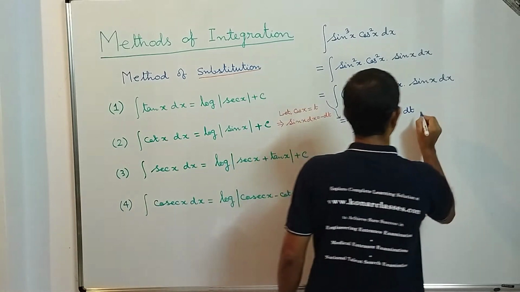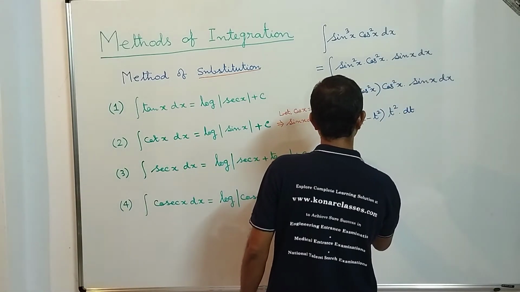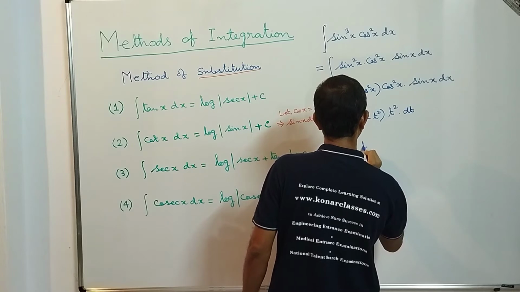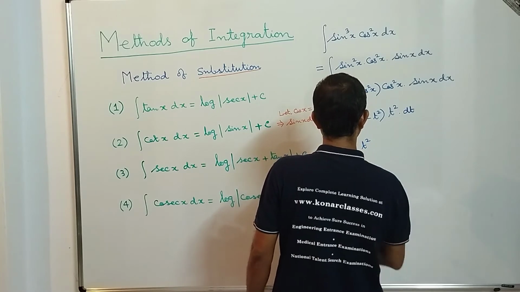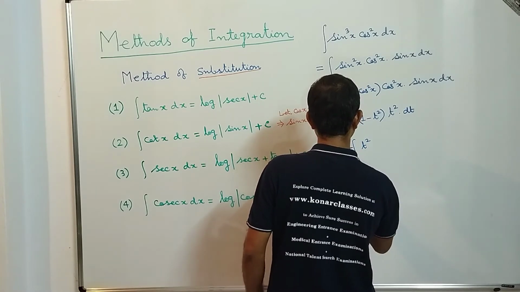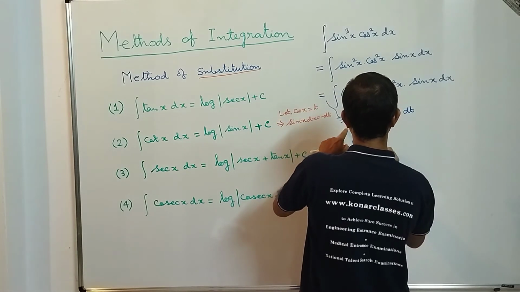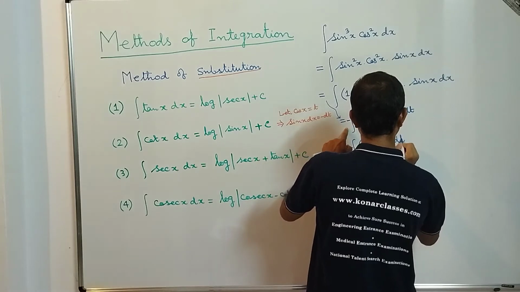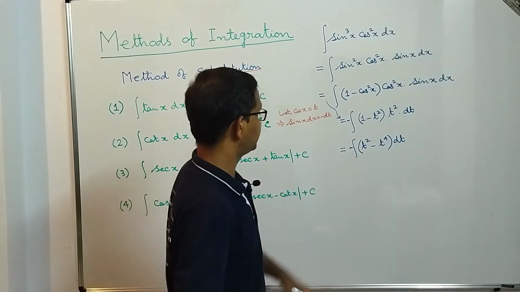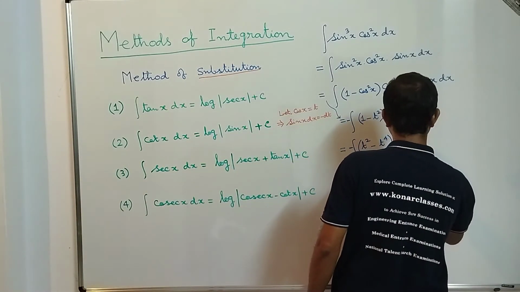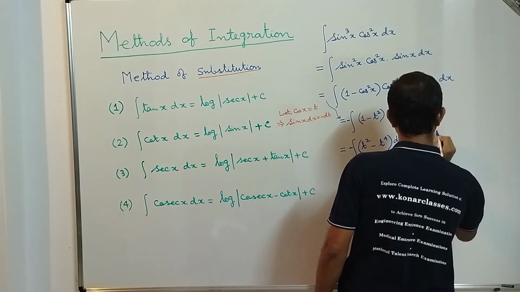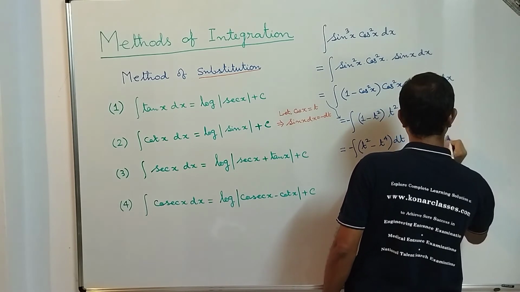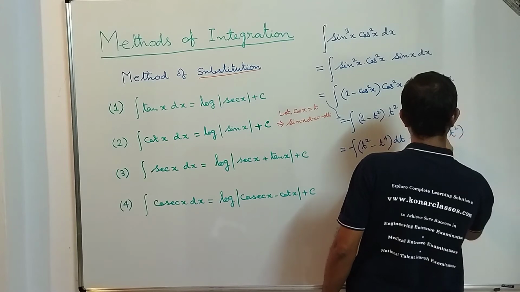So finally, dear students, this becomes the integration of t square minus t to the power 4 dt, correct? If we multiply that minus, it becomes t to the power 4 minus t square dt.